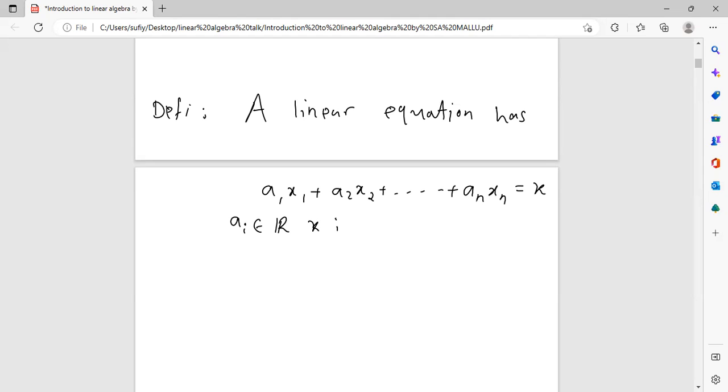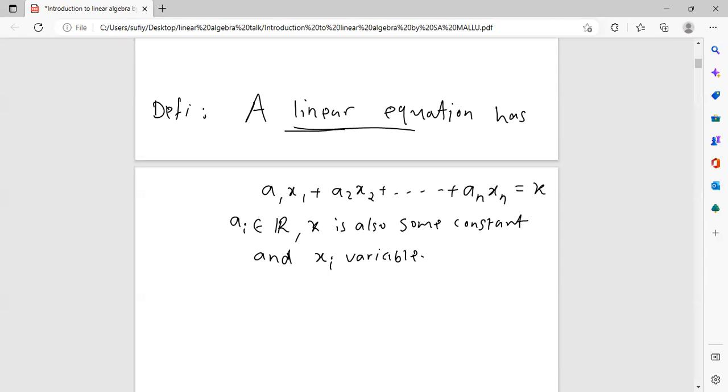The x's that you see, we call variables.